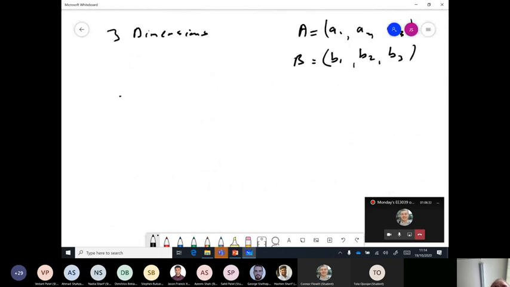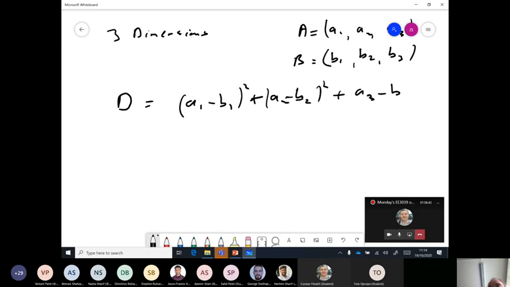The distance D in 3 dimensions is going to be A1 minus B1 squared plus A2 minus B2 squared plus A3 minus B3 all squared.